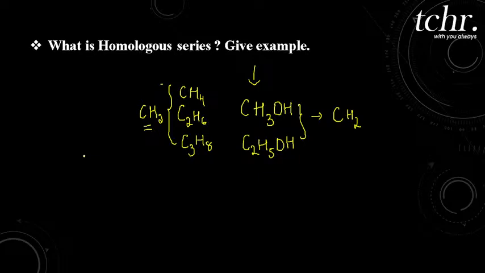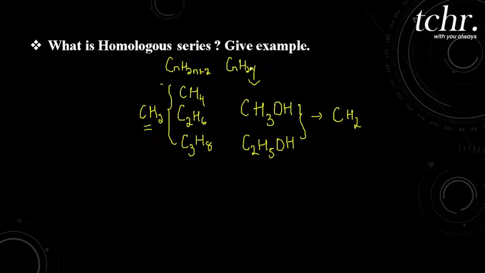So any series of compounds which differ by the CH2 unit, we call it a homologous series. Or in a proper definition, students, we can say all these are a series of closely related organic compounds which can be represented by a general formula, right? Now we have the general formula for alkane, that is CnH2n+2, and for alkene the general formula is CnH2n.